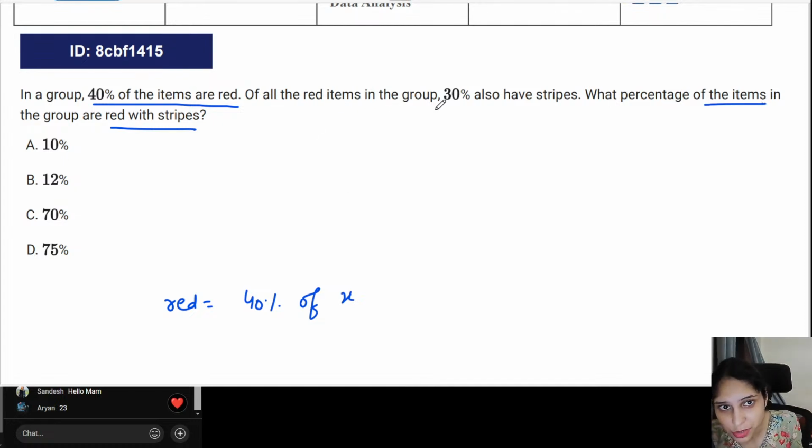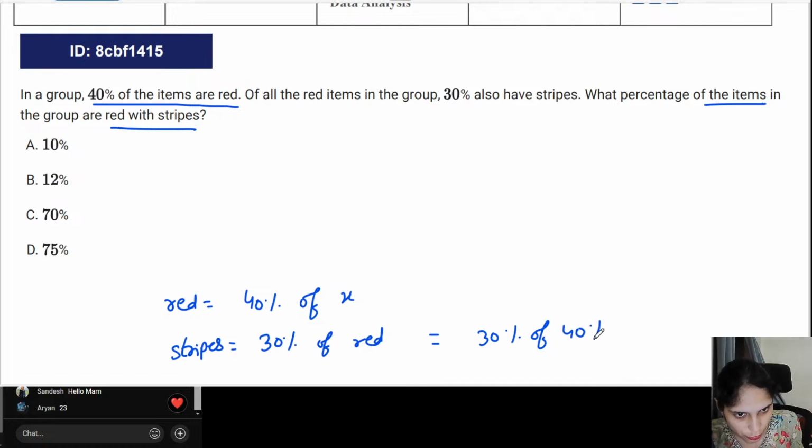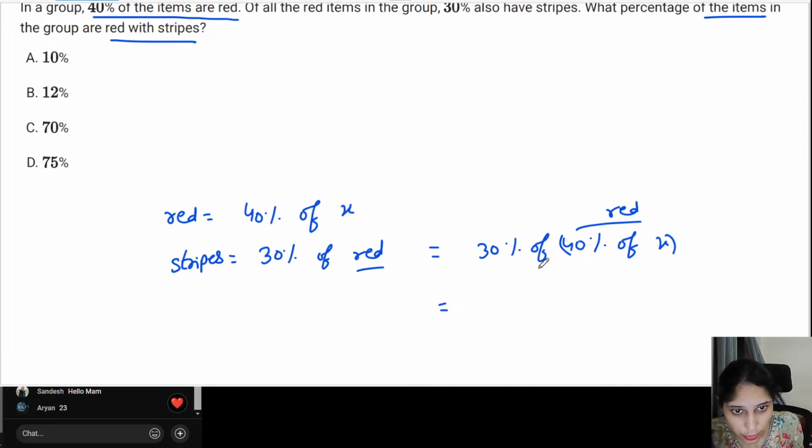Now, of all the red items in the group, 30% also have stripes. So stripes are 30% of red. That means you're finding 30% of 40% of X. So basically, you're just doing 30 times 40 over 100 times 100. That is 12 over 100 of X. So this is 12% of X.